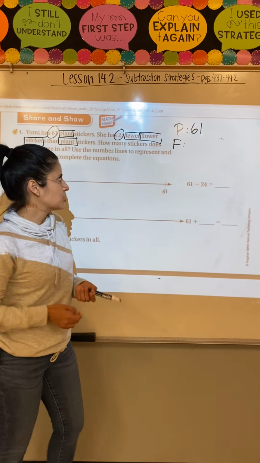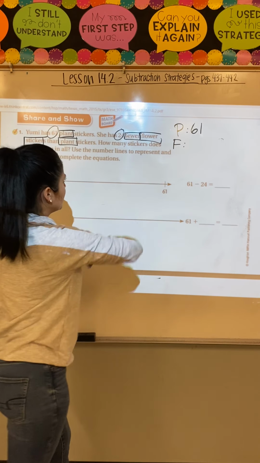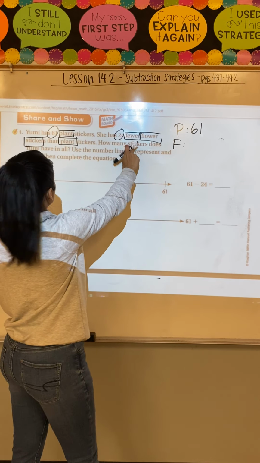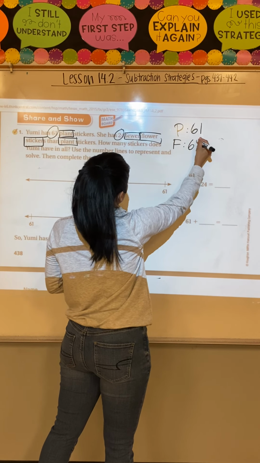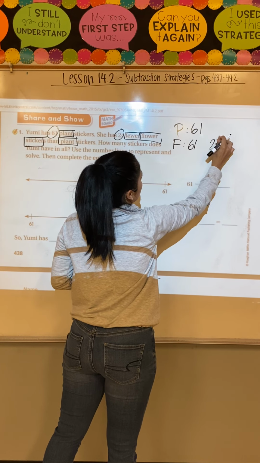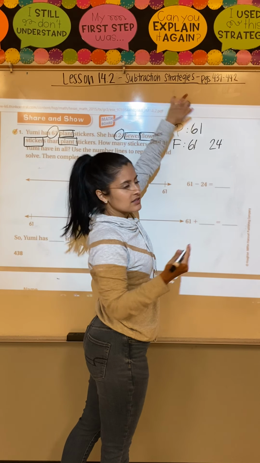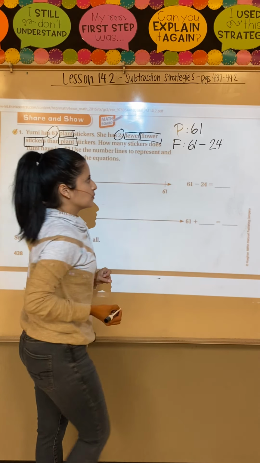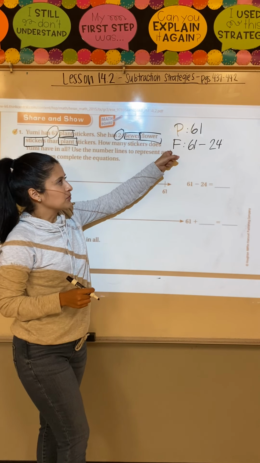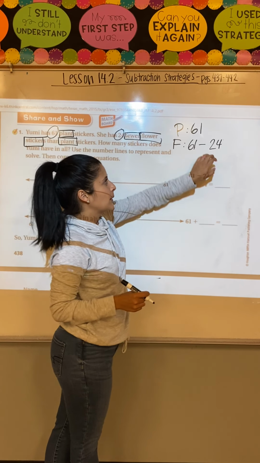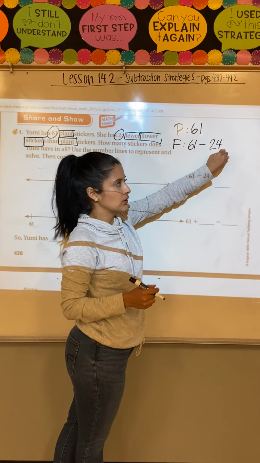We would use subtraction. All right, so let's set this up here. We know if it has fewer than this number, again, we wouldn't add because that would make a bigger number than this. Let's put our subtraction symbol. So to find the amount of flower stickers, 61 minus 24.